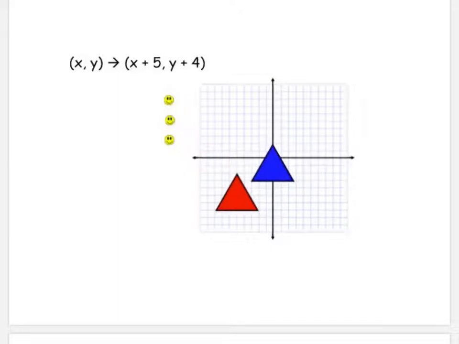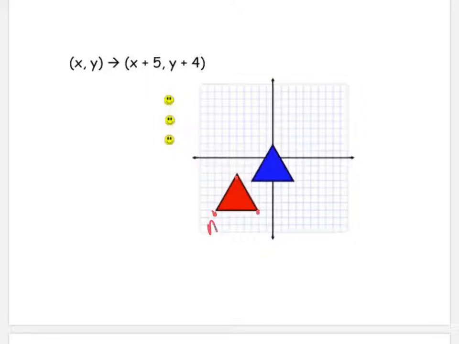It says the original is (x, y), just like always, and then it tells you that you're adding 5 to x and you're adding 4 to y. So let's say our original triangle is the red one. So I'm going to take each corner and I'm going to mark it with a point.